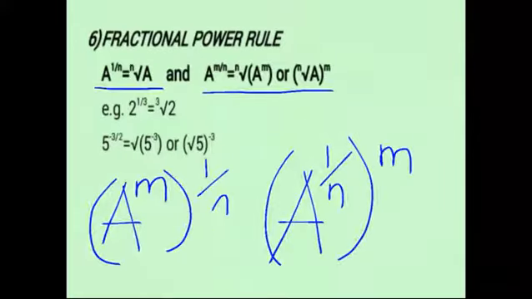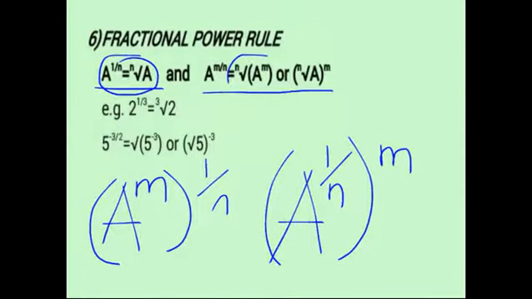Then, going back to the second rule, the fractional power rule, we have that a raised to the power of 1 over n, all raised to the power of n, is equal to, applying this rule, a raised to the power of n over n.